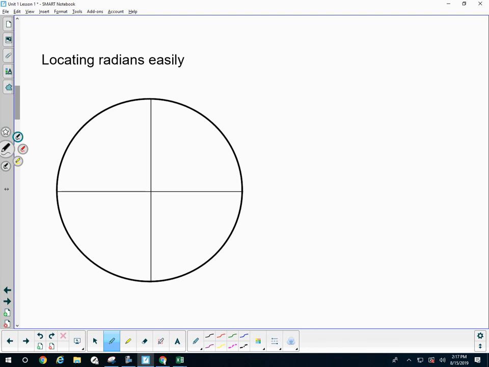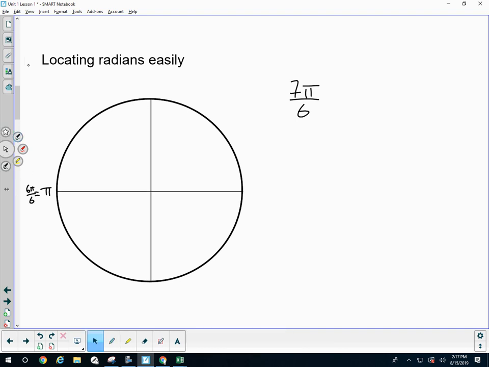Like if I ask you, where is 2 pi over 3? Or where is 7 pi over 6? How can you get there quickly? And let me tell you how I do it. Well, I know this angle over here, pi, can be written a lot of different ways. It could be written as 6 pi over 6.